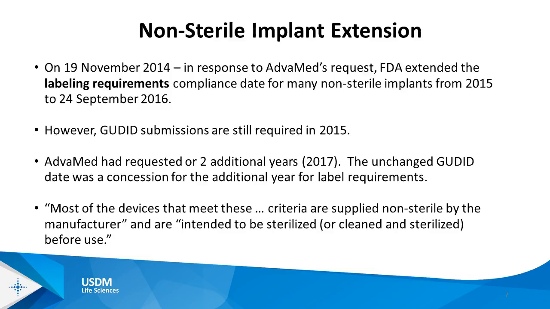So we talk about FDA's devices, all life-supporting, life-sustaining, and implants have to meet the UDI requirements otherwise by September 24th of 2015. So this extension provided to non-sterile implants, and we'll talk more about what that means in a moment, extends the label requirement, so the identification requirement, to 2016.